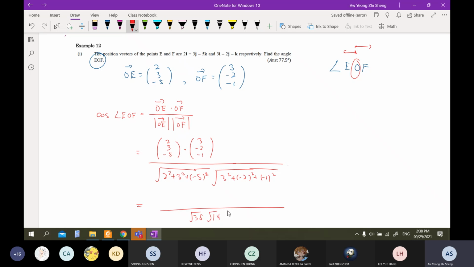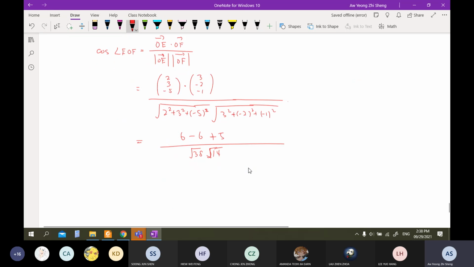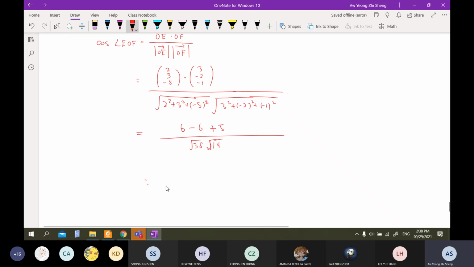Root 38, root 14 down there. At the top you have 2 times 3 is 6, 3 times minus 2 is minus 6, minus 5 times minus 1 is plus 5. It shows that you are adding up 3 numbers. And then it's just 5 divided by root 38, root 14.